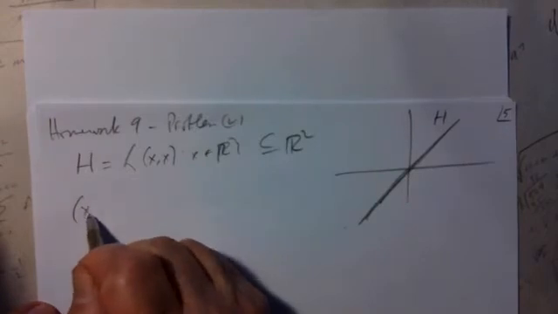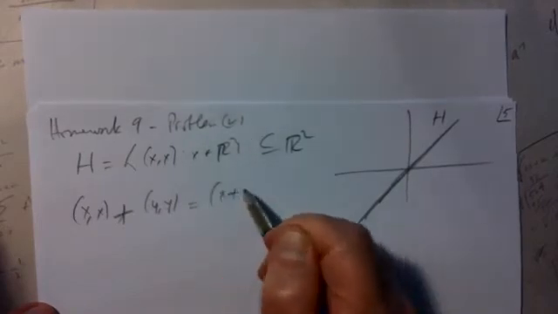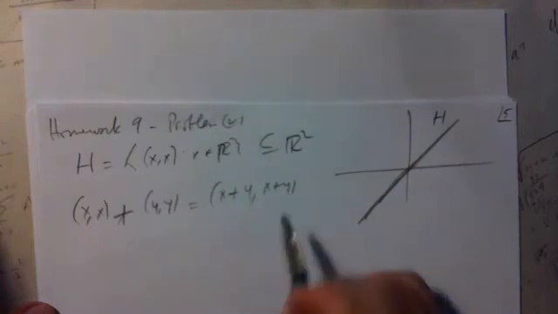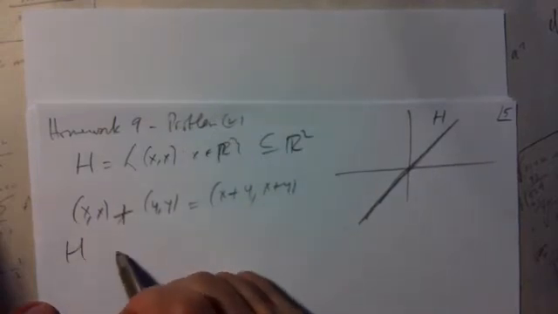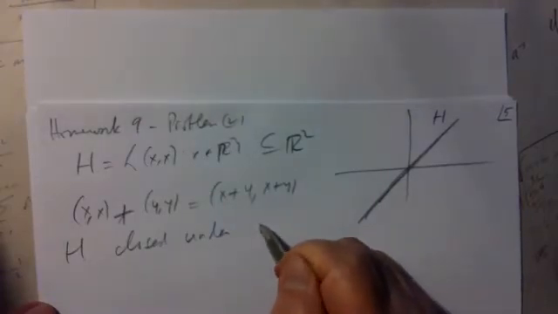And we want to prove this is a subgroup. Well, if you take (x, x) and (y, y) and you add them, you get (x plus y, x plus y). Again, the first coordinate equals the second coordinate. So H is closed under vector addition.